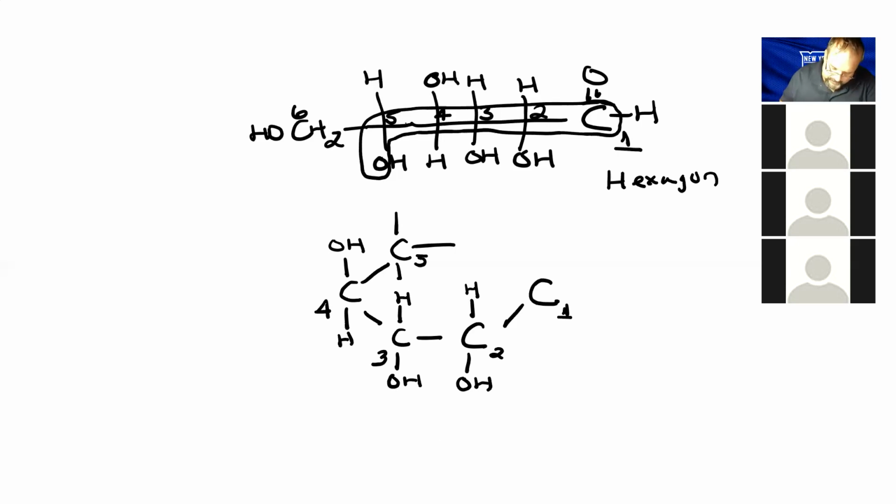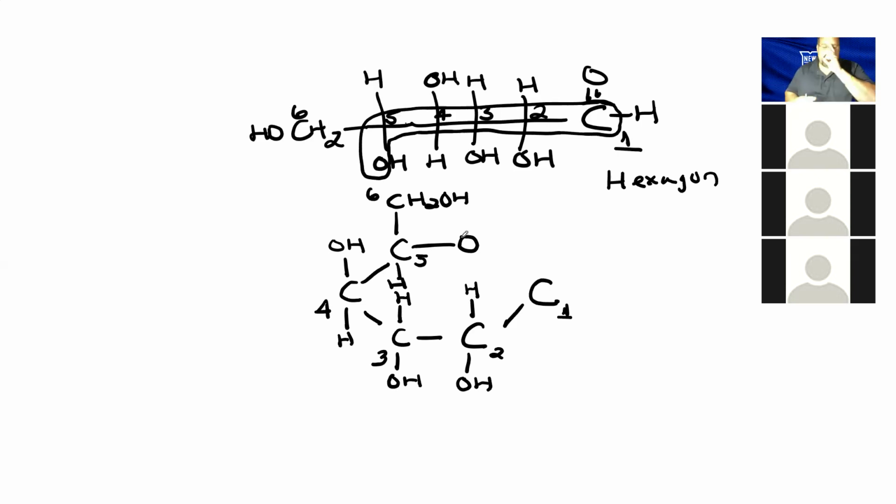Well, carbon number 6 always ends up going up off of carbon 5. The hydrogen on carbon 5 always ends up going down. And the OH on carbon 5 always ends up going to the right. But I'm anticipating my ring forming, and therefore I'm leaving off the hydrogen on that oxygen.